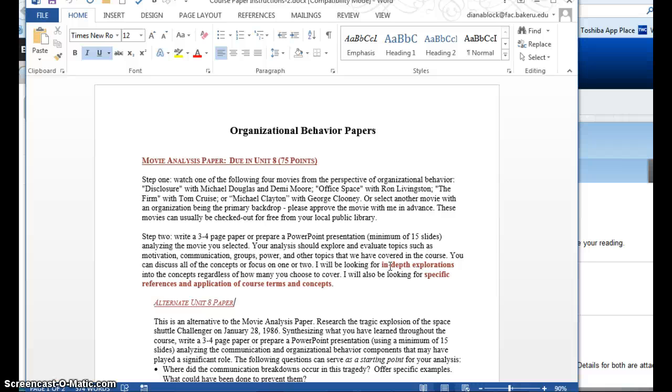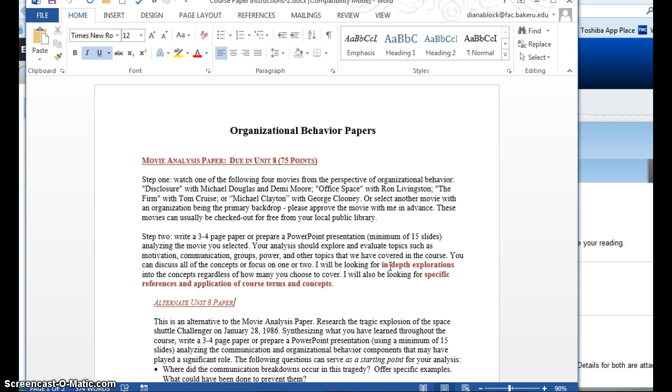Does he use theory X motivational techniques or does he use theory Y? What are some of the roles and responsibilities this leader fulfills? Is he a transformational leader? So I'm looking for specifics, okay? Specific information that you have learned or read about or studied in this class beyond just someone is a leader. Are they a formal leader? Give me some specific, in-depth information.